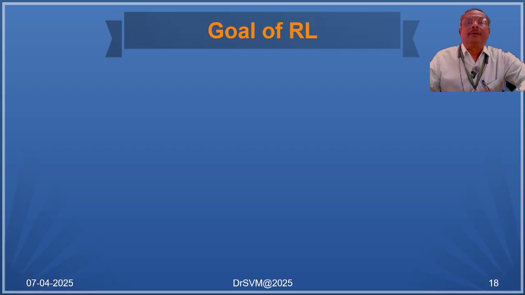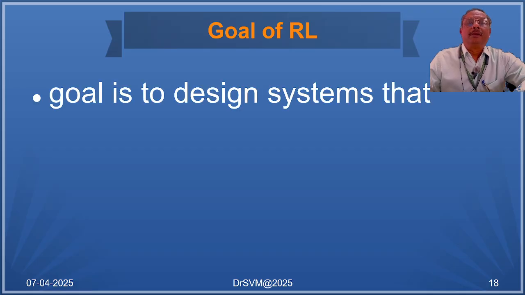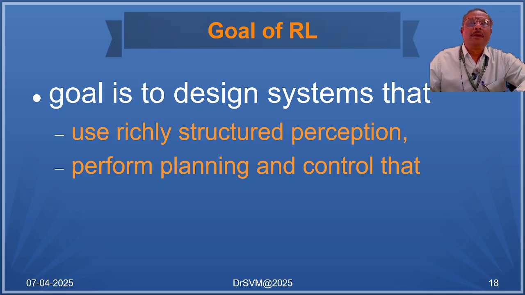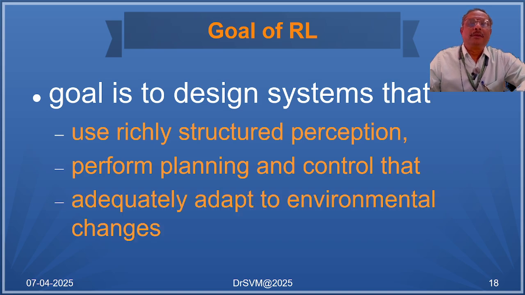So let's look at some goals of reinforcement learning. The goal is to design systems that use richly structured perception, and perform planning and control that adequately adapt to environmental changes.